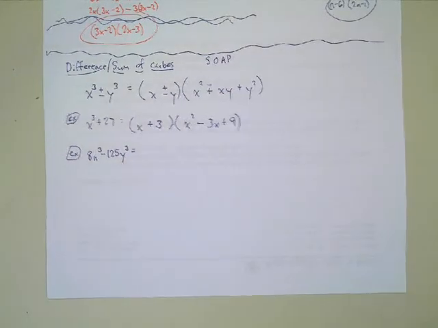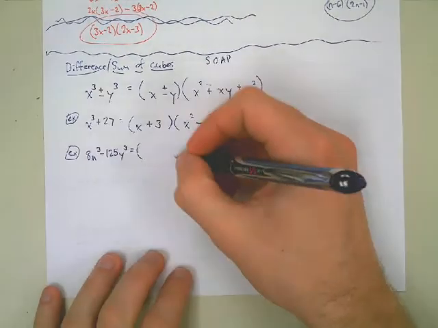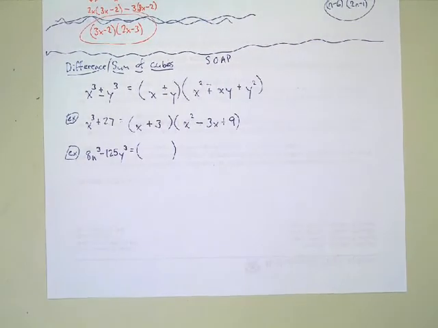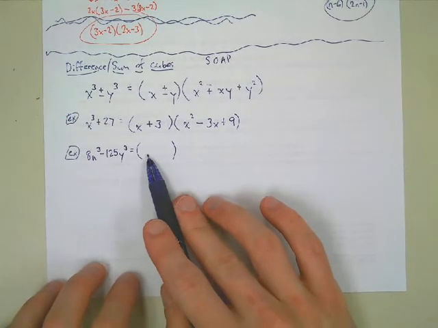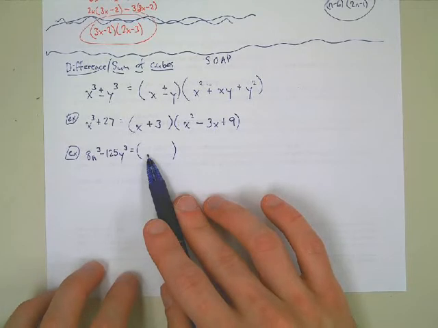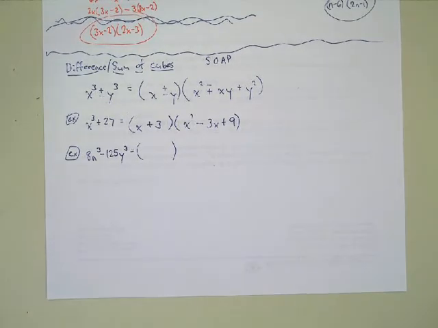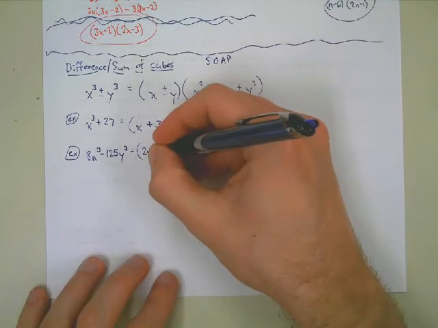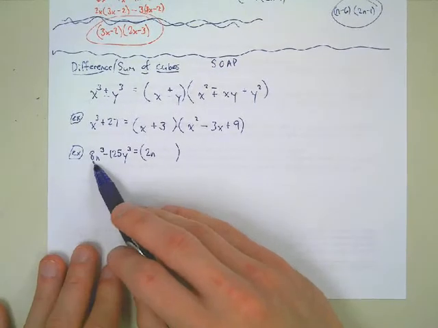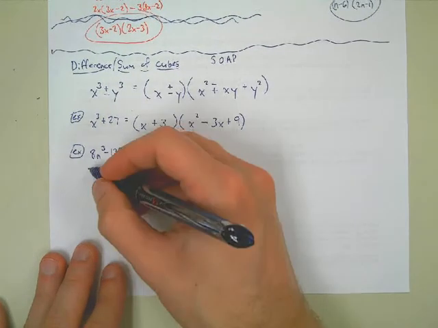So then our first set of parentheses, our first little part. What's going to be this first term here? It's going to be 2n, right? Because this thing we could rewrite as the quantity 2n cubed.